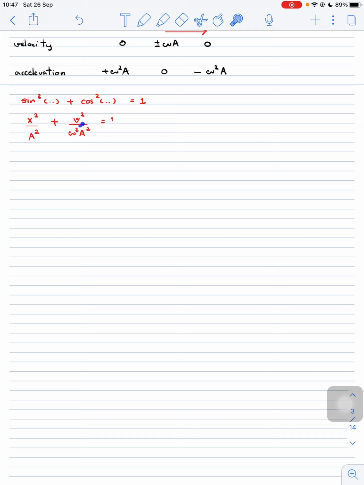We just want to find v as a function of x, so let me move x squared over A squared to the other side. We have v squared over omega squared A squared equals 1 minus x squared over A squared. Now let's move omega squared A squared to the right-hand side, so we get v squared equals omega squared times A squared minus x squared.